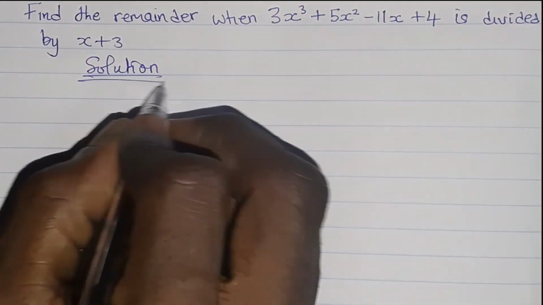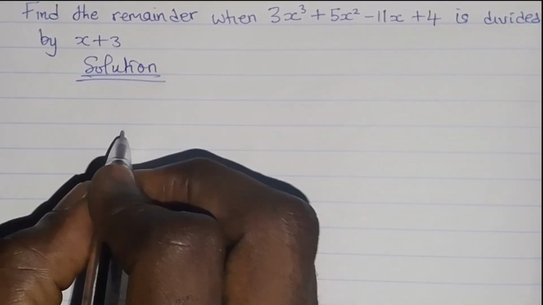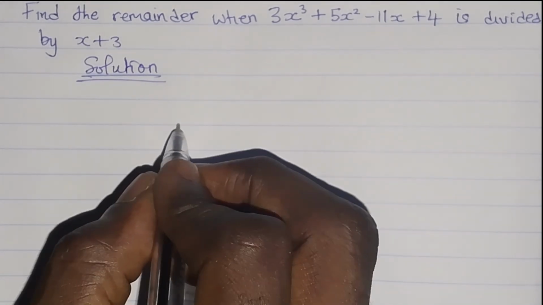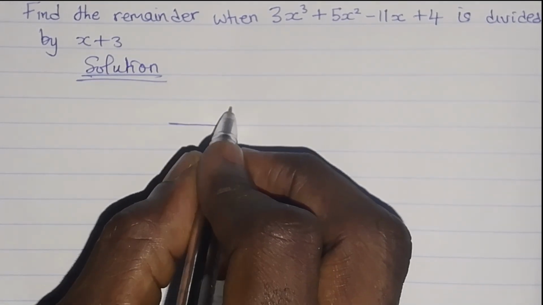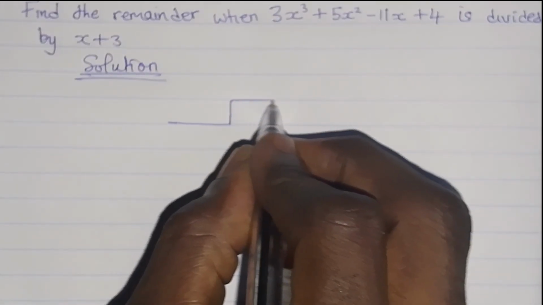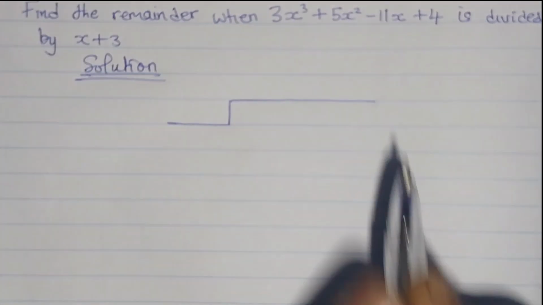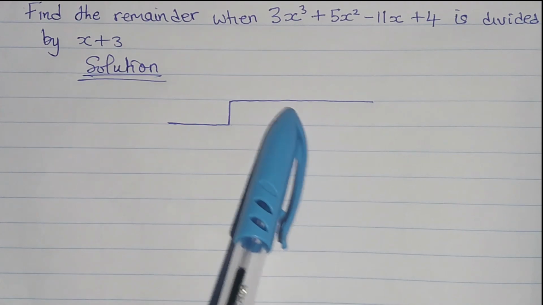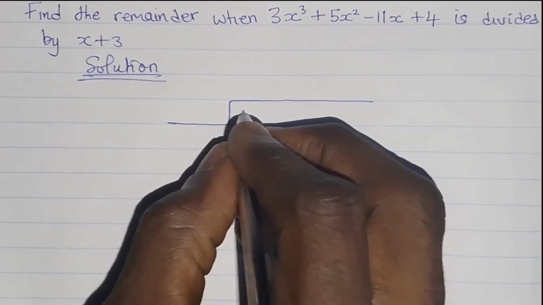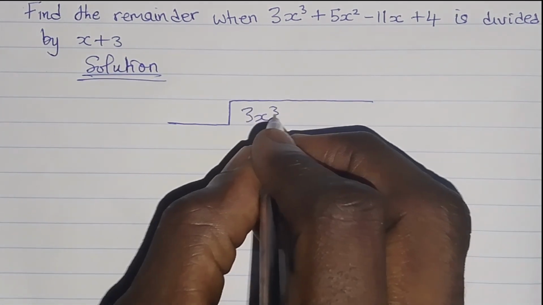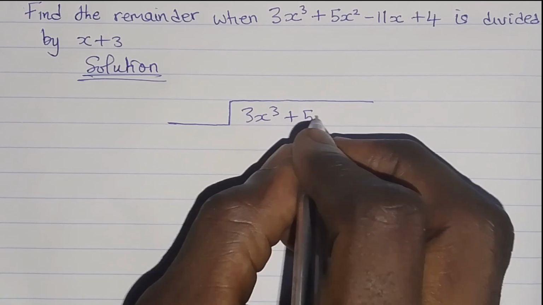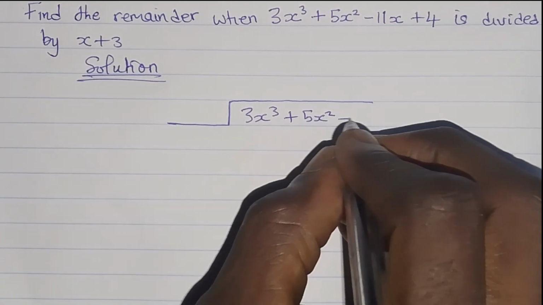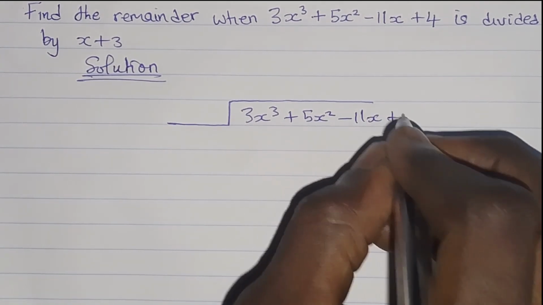Okay. So since we are dividing, all we have to do is to create something like this. And we write this polynomial which we are dividing inside here. So we have 3x cubed plus 5x squared minus 11x plus 4.